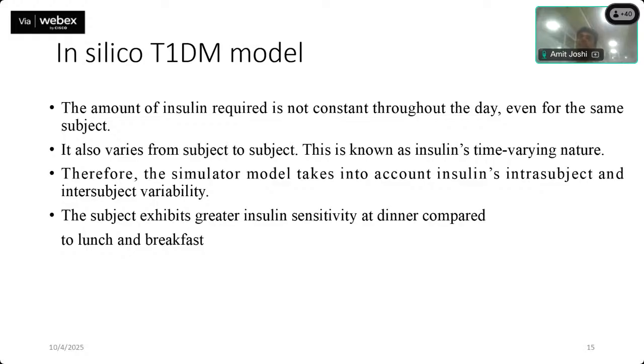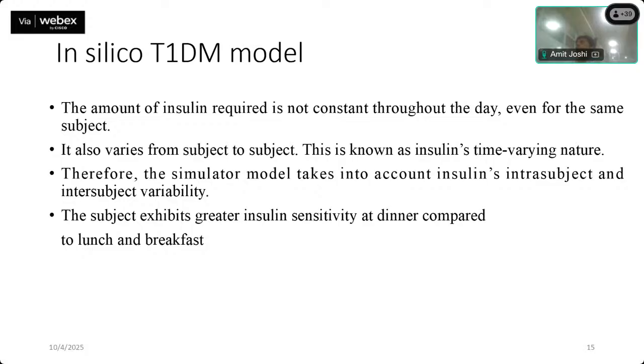Therefore, whatever simulator model is developed should mimic this performance and should take into account the insulin's intra-subject and inter-subject variability. ठीक है? So intra-subject, within a particular patient's body, the insulin variation also has to be there because after taking a meal, maybe your glucose value is high, so the insulin requirement is high.